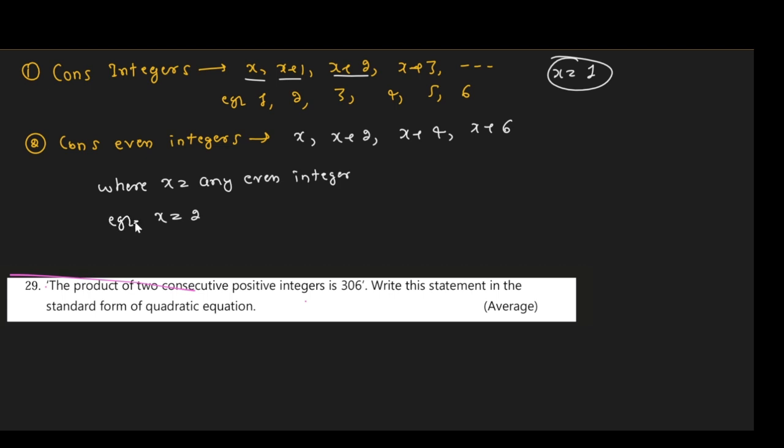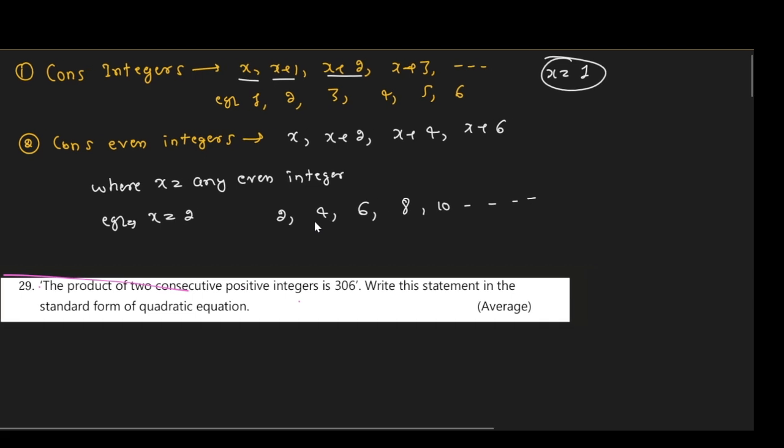For example, if x is equal to 2 and we substitute in this series, x is 2, x plus 2 is 2 plus 2 which is 4, x plus 4 is 2 plus 4 which is 6, x plus 6 is 2 plus 6 which is 8, and so on. What is the gap between all these numbers? A gap of 2 is there.